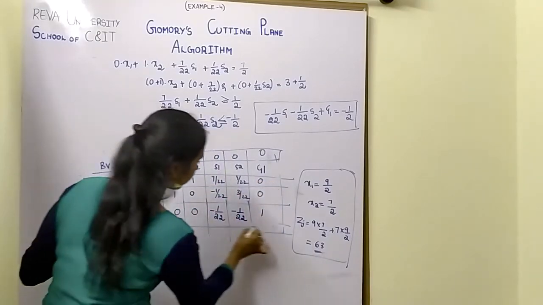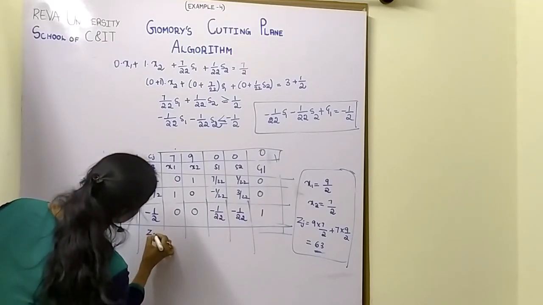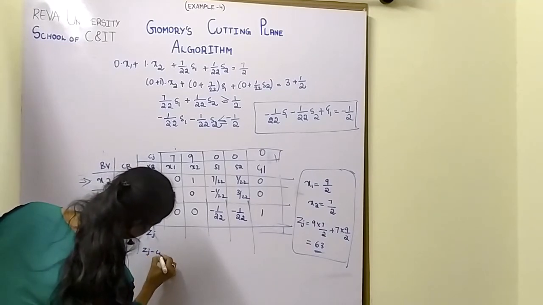Now find out Zj minus Cj. Zj minus Cj will be the same as the previous table.